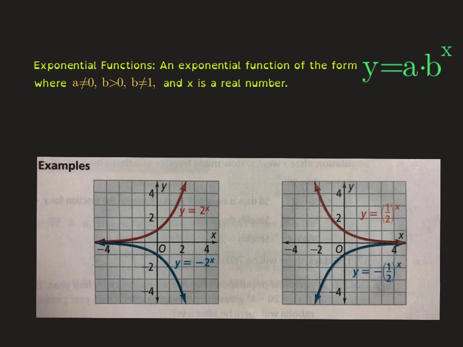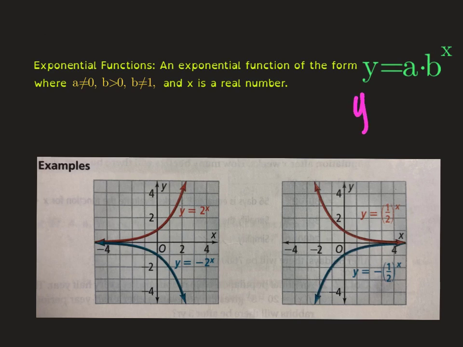Now, we talk about where b is greater than 0. So your b has to be greater than 0. Your b cannot be a negative number. And here, b has to be greater than 0, but is also not allowed to equal 1. So it can be any number greater than 0, but it's not allowed to equal 1 because, again, let's think about it.